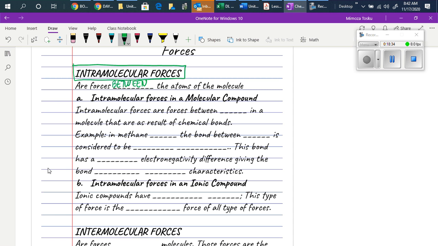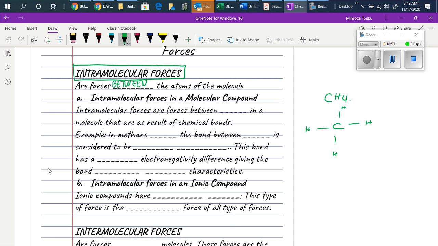If we have, let's say, CH4, as a structural diagram, this is C with four H, and what it actually is, is a tetrahedral shape.